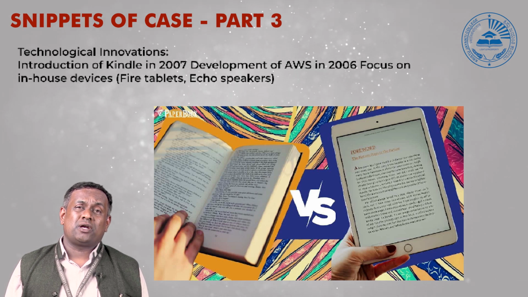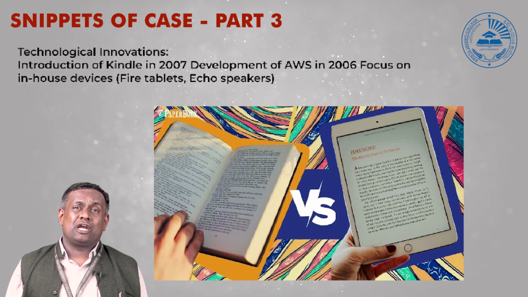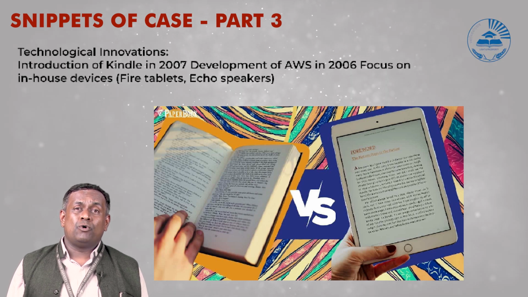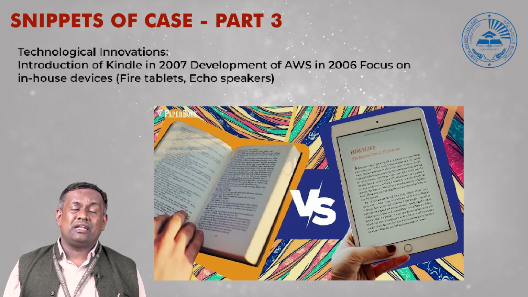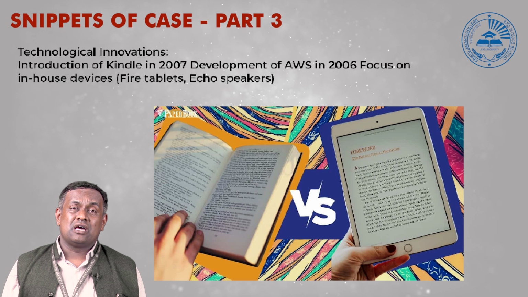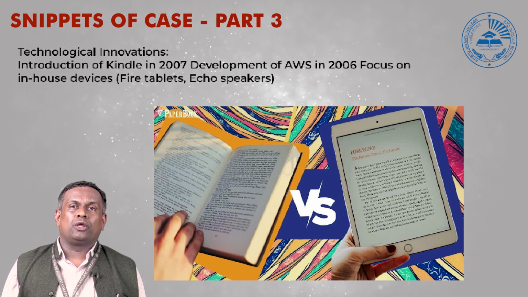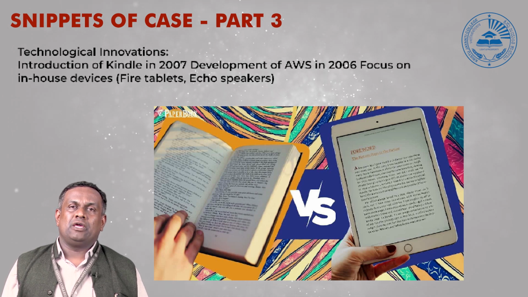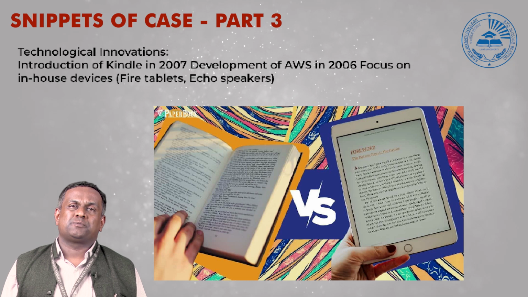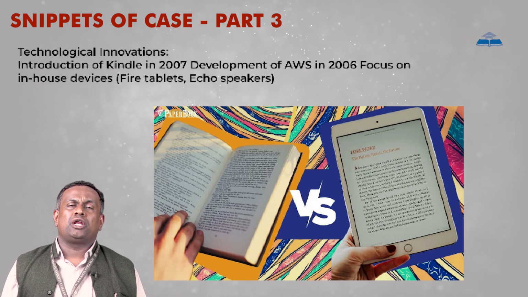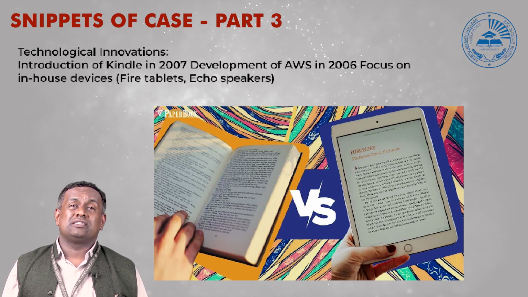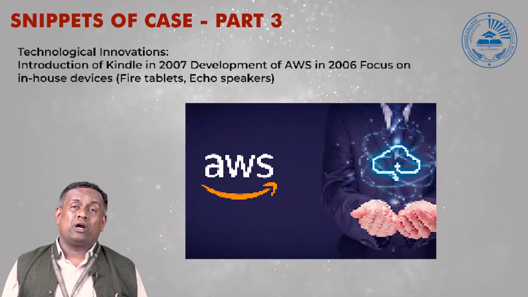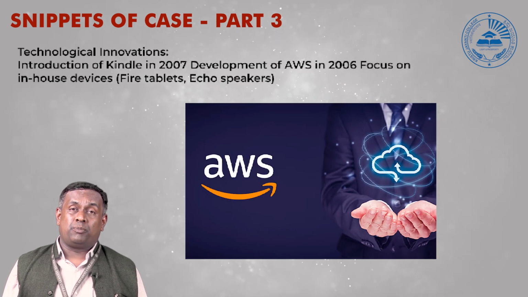Then there is the development of Amazon Web Services in 2006, which gave more provisions for small and retail companies or any other companies to get into this online space to store their data, retrieve the data, and get more insight about the information in the online space of their operations.